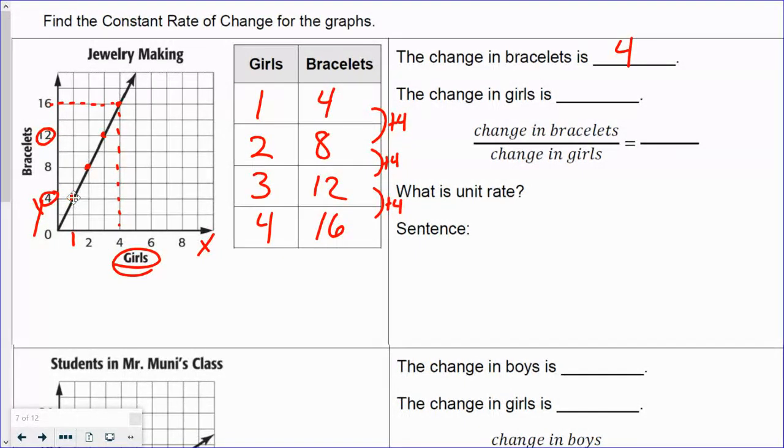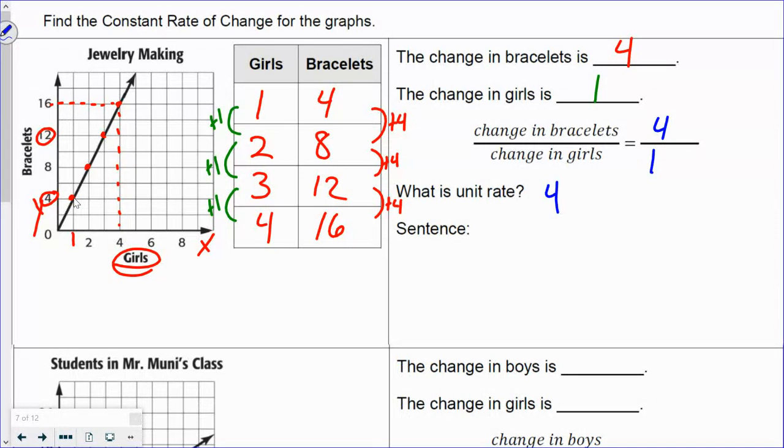Then the next one, what's the change in girls? How do we go from 1 to 2? By adding 1, and so forth. So we would say 1 is a change. So the change in bracelets is 4 divided by 1. What's our unit rate? 4.